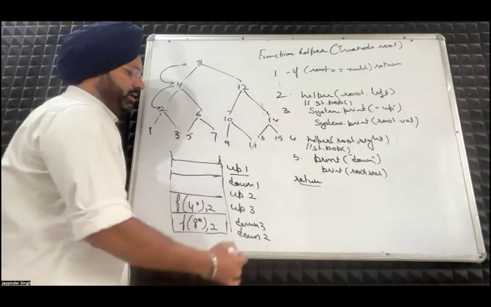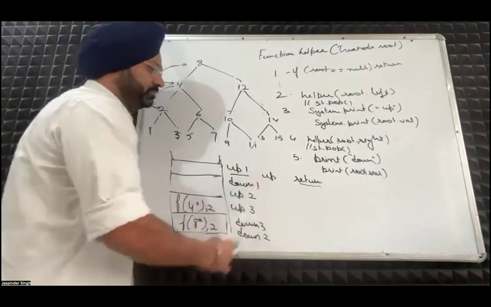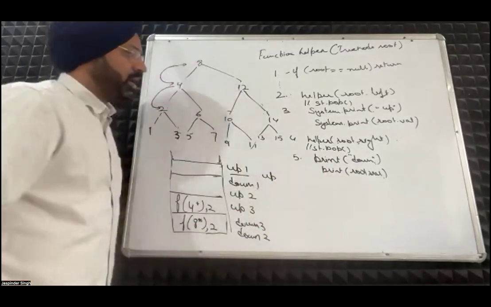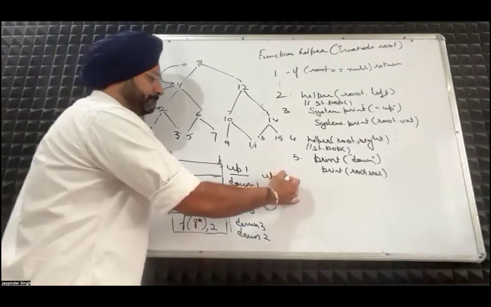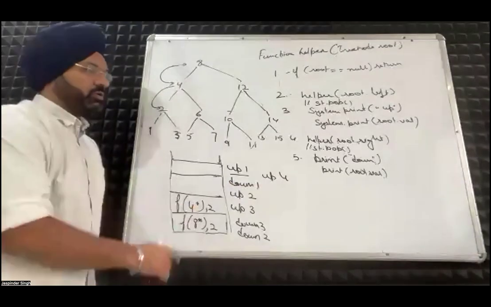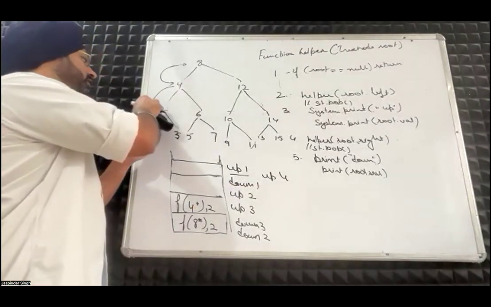All right. What will be printed now? Up 4. Root is 4. Here is the control of the recursion now.